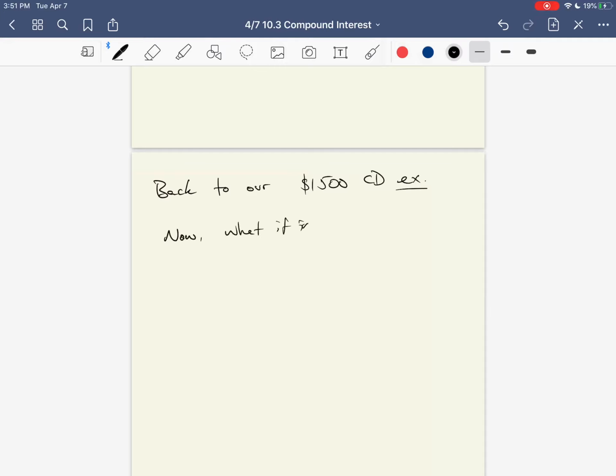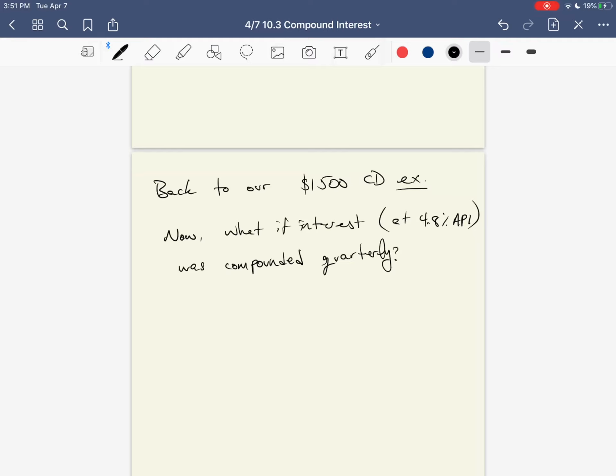What if interest at 4.8% APR was compounded quarterly?